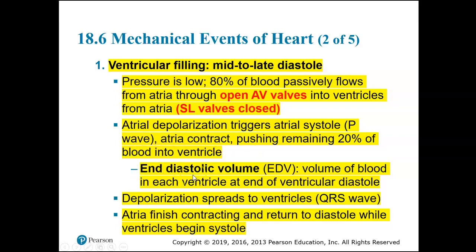A measurement called the end diastolic volume, or EDV, is the volume of blood in each ventricle at the end of ventricular diastole or ventricular relaxation. So at the end of this ventricular filling stage, the amount of blood is called the EDV.